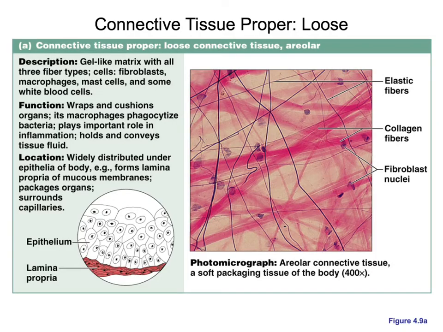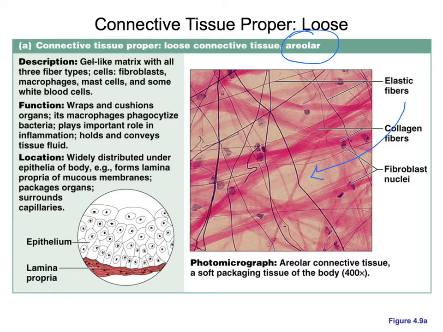For connective tissue, this is the first generic one we talked about. Under the category of connective tissue proper loose, this is areolar connective tissue. Pretty indicative. All slides should look similar to what you see here in this picture. You see a lot of space or matrix because, again, this is loose connective tissue.